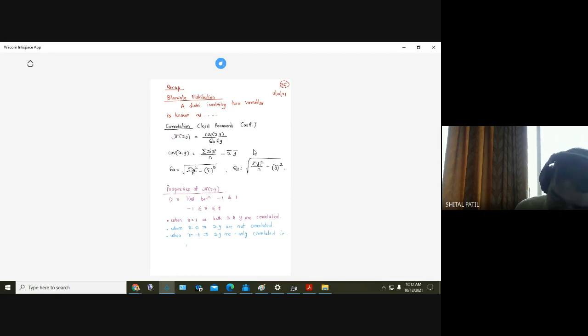That is, if one is increasing, the other is decreasing by the same amount. If one is increasing, the other will decrease.